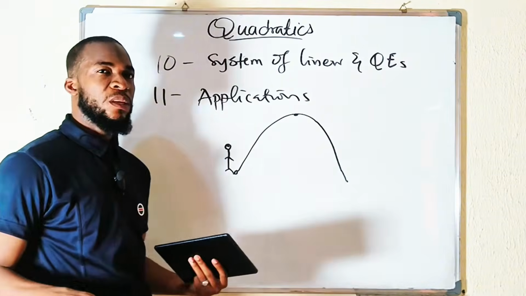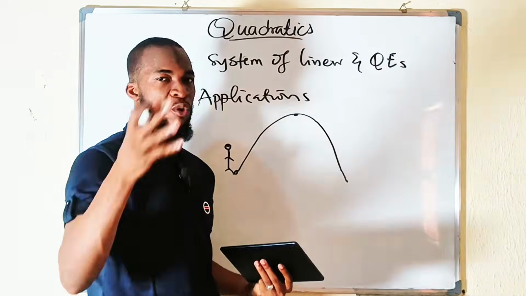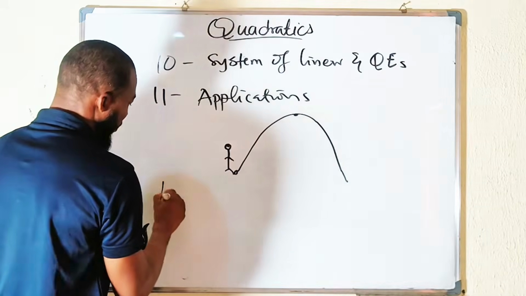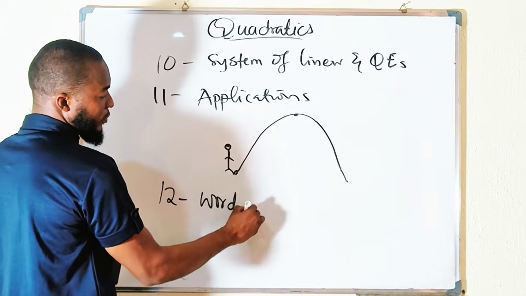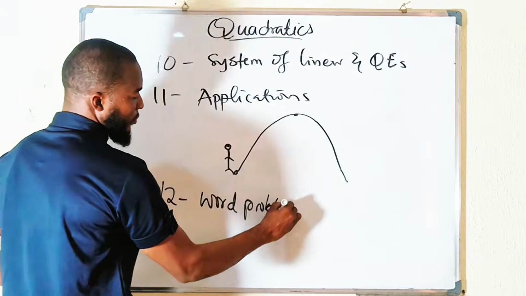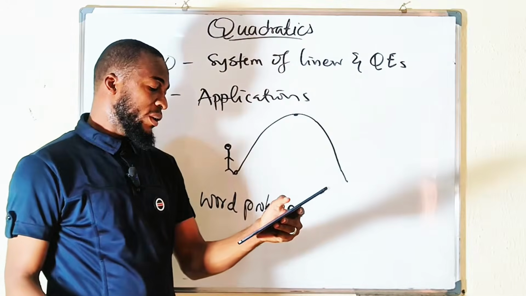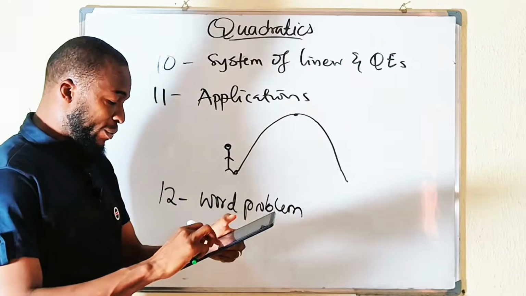And also, they should be able to translate words into quadratics. This is word problem questions under quadratics. Very important. They should also learn the common mistakes, also very important.